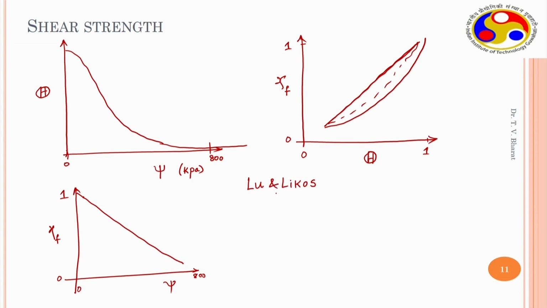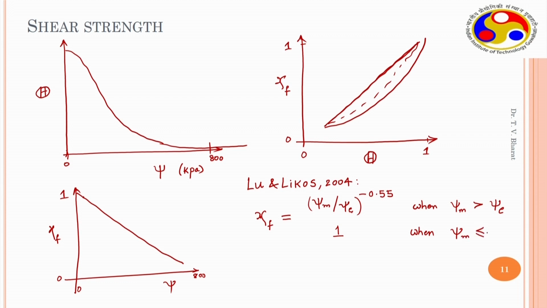These empirical equations are derived by several people like Khalili, etc. One such empirical relationship is xi_f equals psi_m by psi_e to the power minus 0.55, when u minus u_w, the matric suction psi_m, is more than psi_e, and this is equal to 1 when psi_m is less than or equal to psi_e.